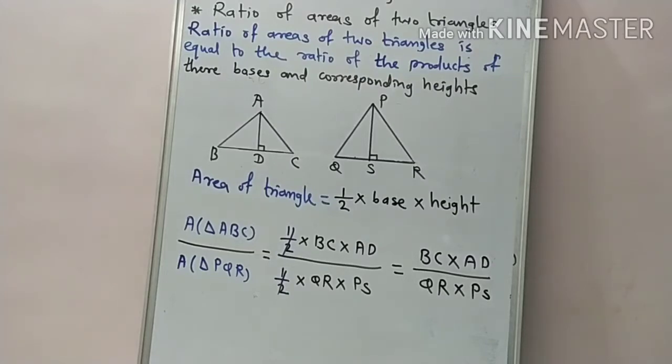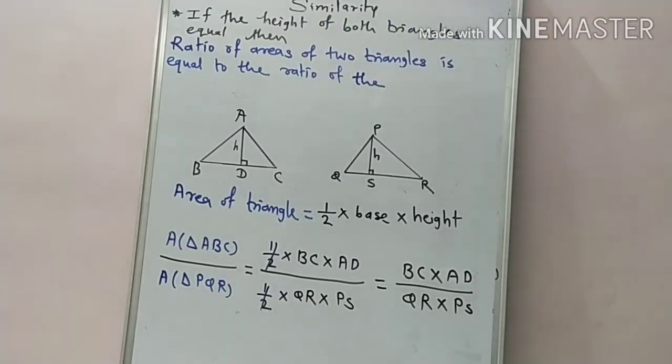Okay, now the second property again depends on the same ratio of areas of two triangles. The next property depends on the previous one. What happens if the heights of both triangles are equal?